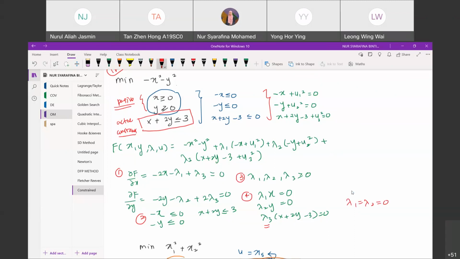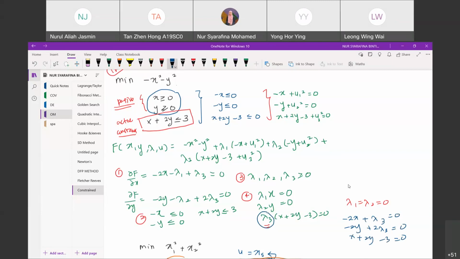So how can we solve this? We identify that lambda 1 and lambda 2 equal 0, where we have minus 2x minus lambda 3 equals 0, minus 2y plus 2 lambda 3 equals 0, and then x plus 2y minus 3 equals 0. Since lambda 3 is greater than 0, the bracket must be 0.